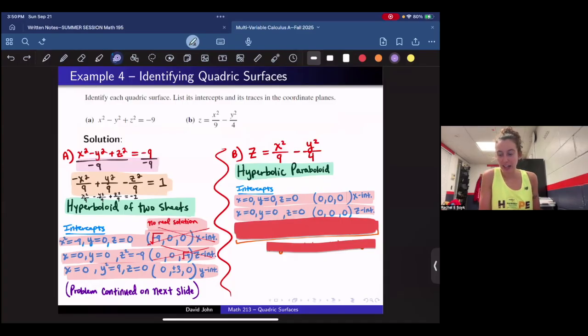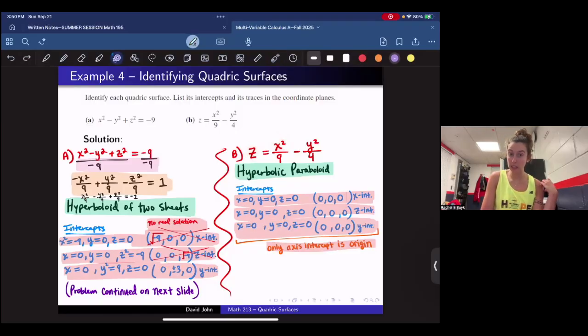And then the last one is finding our y-intercept. So when x and z are equal to 0, what do we get? So z is 0, x is 0. We once again get y is 0, so 0, 0, 0, which tells us that our only axis intercept is the origin. Okay, so now what we're going to do is we want to find the traces.